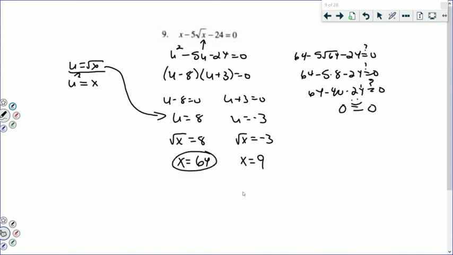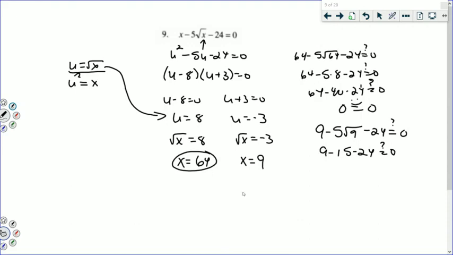But if we plug in 9 minus 5 times the square root of 9 minus 24, does that equal 0? 5 times 3 is 15, so 9 minus 15 minus 24. Does that equal 0? As a matter of fact, it does not.